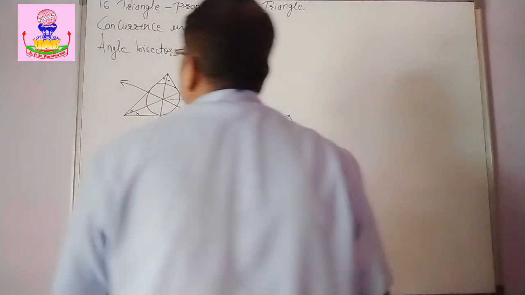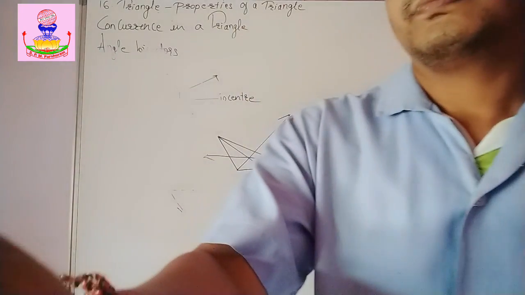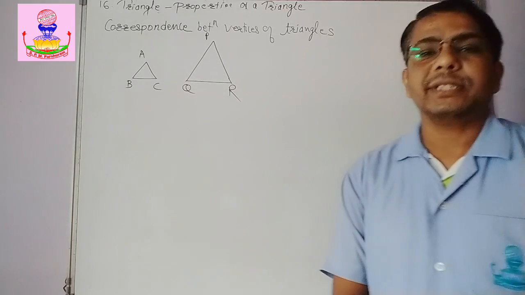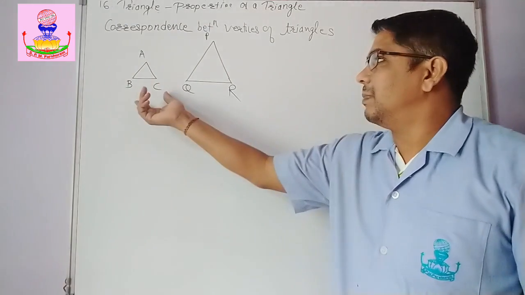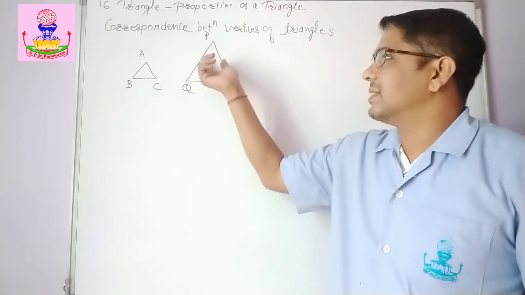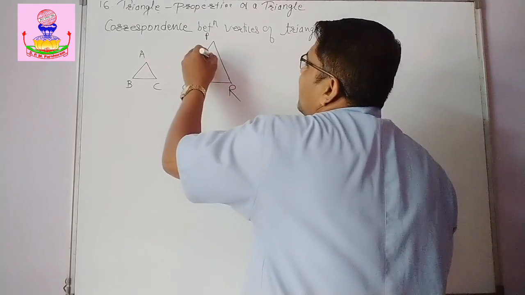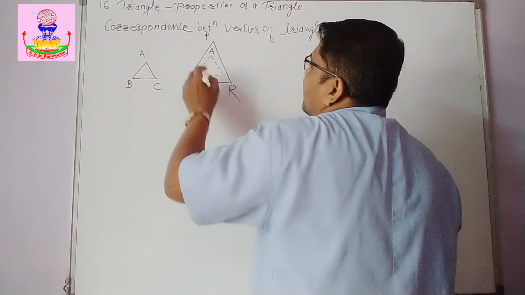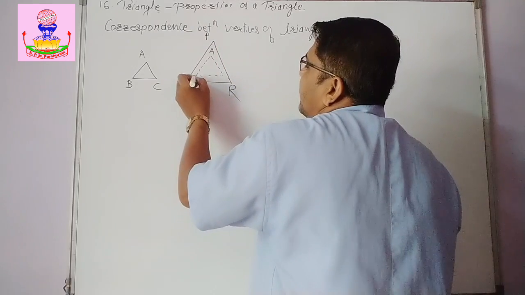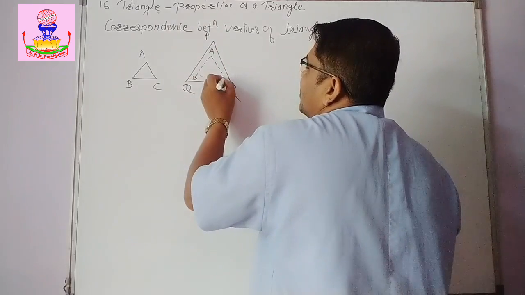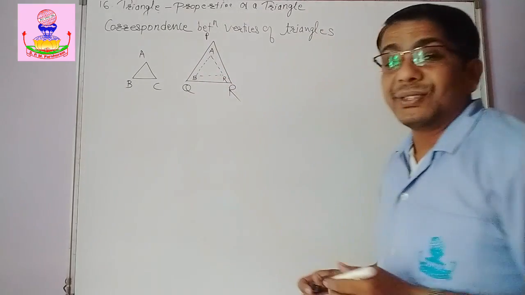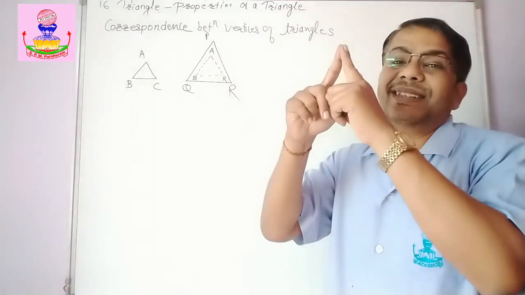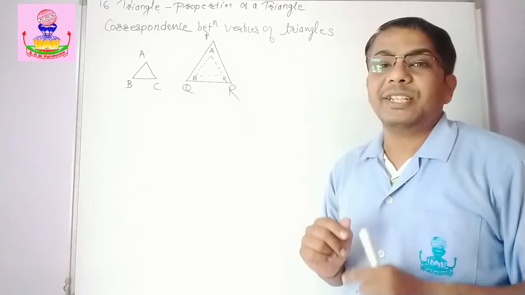Now let's move to the correspondence between the vertices of a triangle. Suppose triangle ABC and triangle PQR are two triangles, and if I cut triangle ABC and place it over triangle PQR, so my triangle ABC will be like this. So A is placed over P, B is placed over Q, and C is placed over R. So here we can say A is in one-to-one correspondence with P, means it matches there.